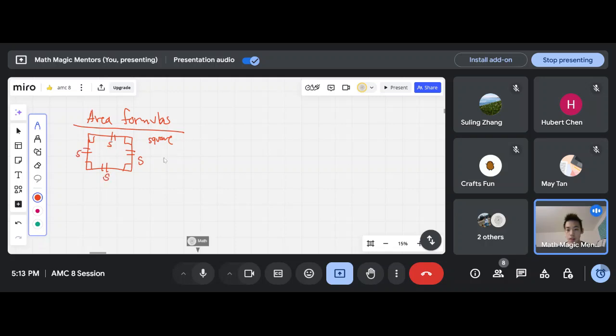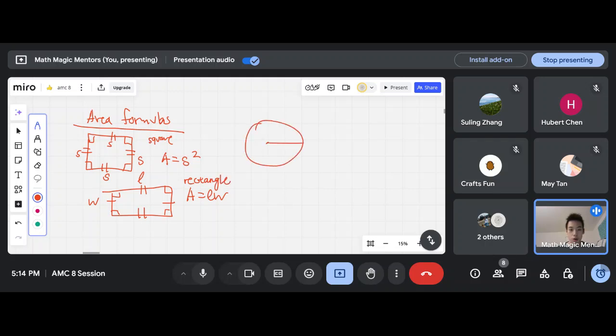Then the area, I'm just going to denote it as capital A, is going to be s squared. And then for a rectangle, if you have the length as L and the width as W, the area is LW. That's for a rectangle.